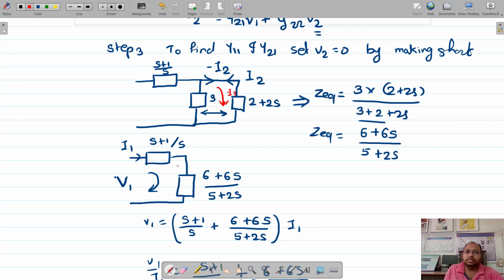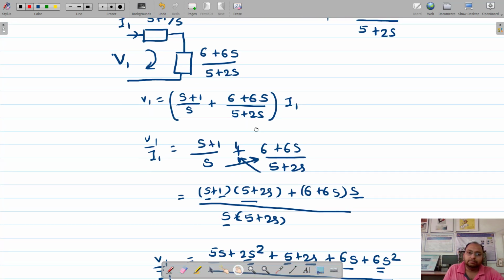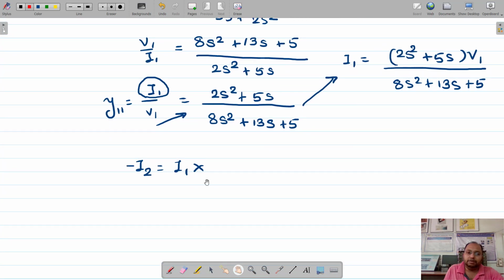So its opposite branch resistor is nothing but what? 3 divided by addition. So it is I1 multiplied with 3 divided by 3 plus 2 plus 2s, isn't it? So minus I2 is equals to, what is I1? I1 is nothing but this term, no?